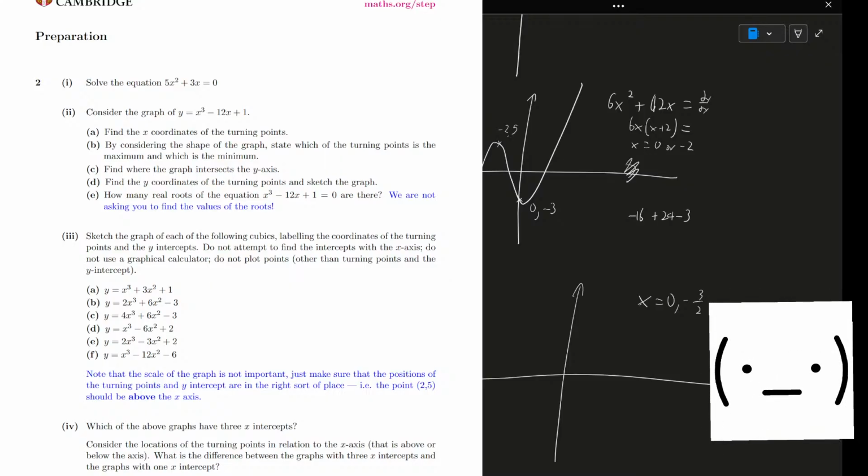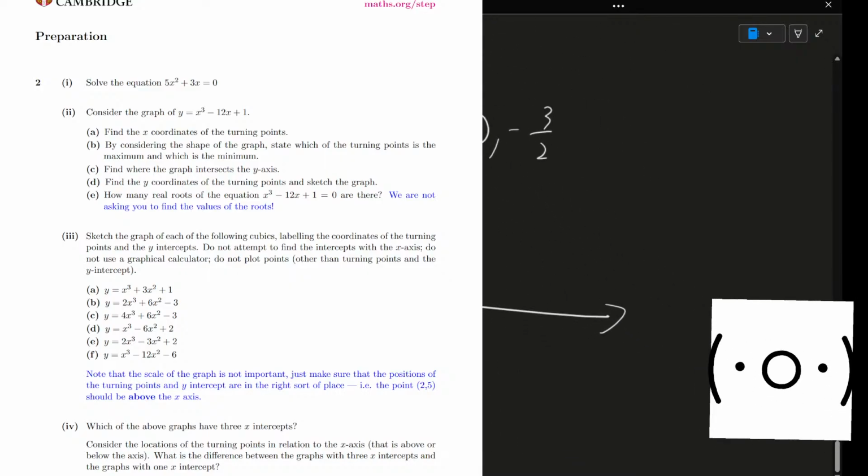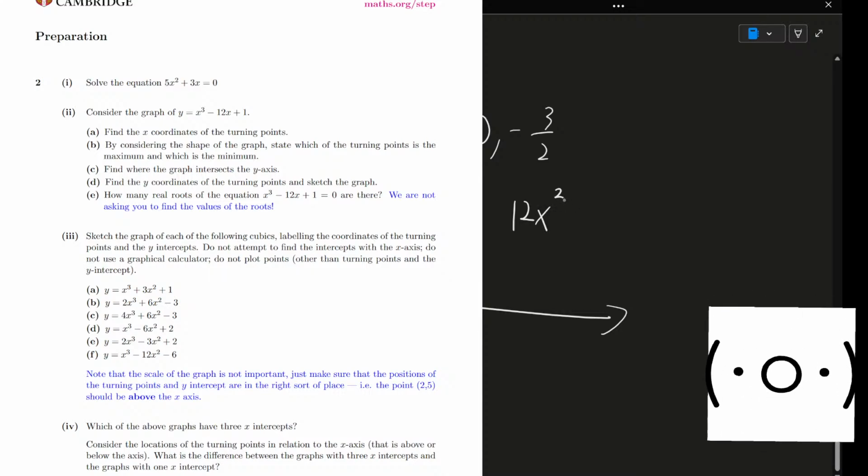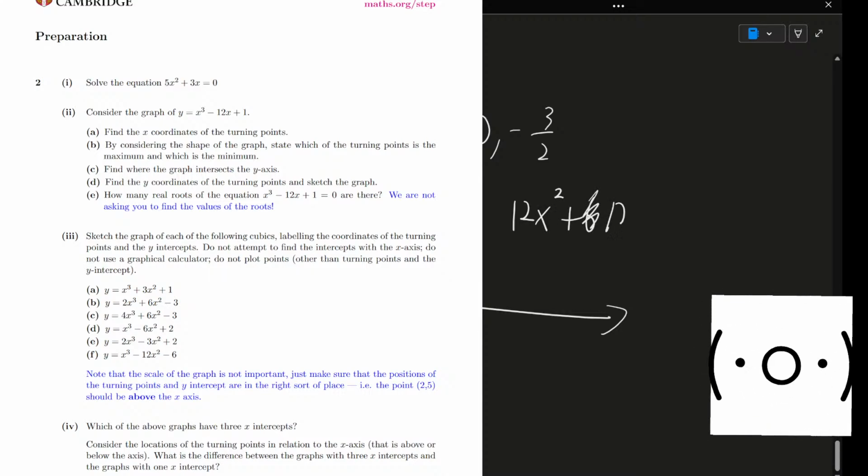With sheer power of inspection, I think. Just in case we'll differentiate it, because I don't trust myself not to clown on myself.